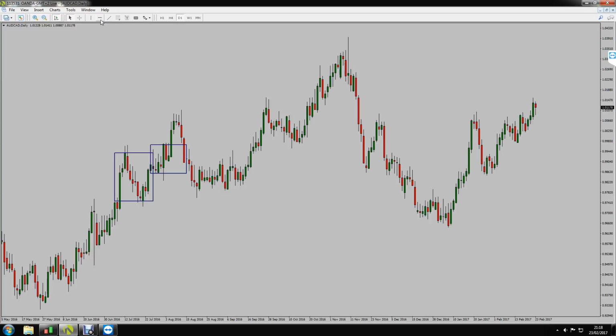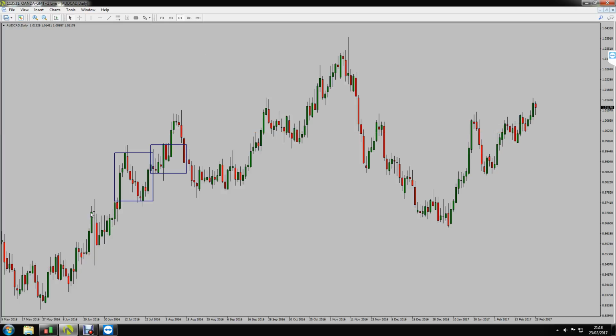Here it is, to identify it precisely. Here it is, the tail. We see that it becomes the middle level of the previous range.